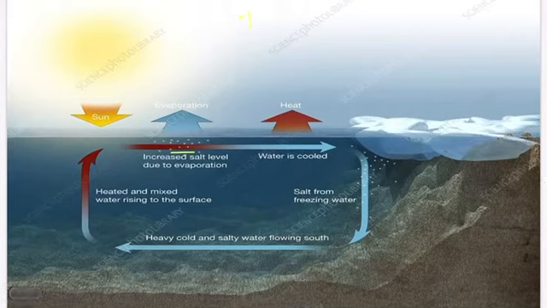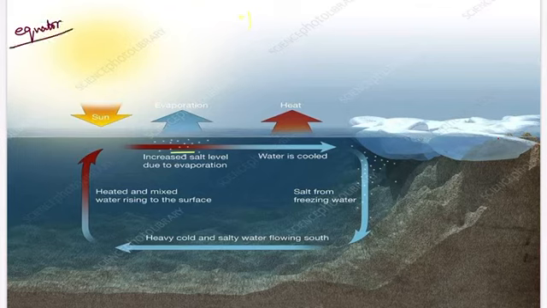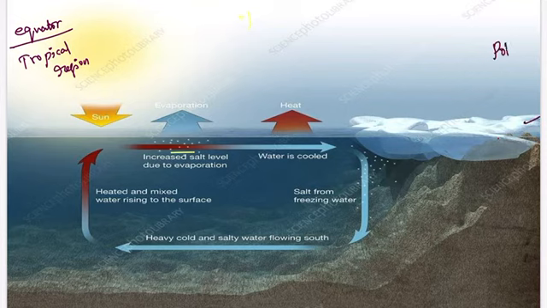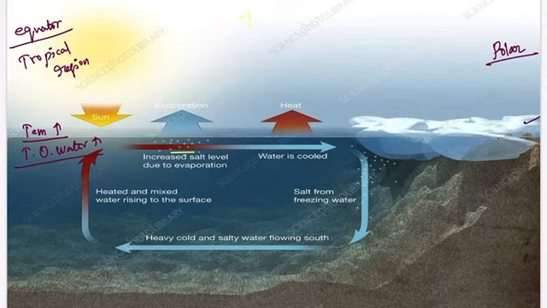We can assume that this is the equator, near a tropical region, and this is the polar region, where we have ice. Here the temperature is high, so the temperature of ocean water is also high. Because of this, expansion of water will occur.